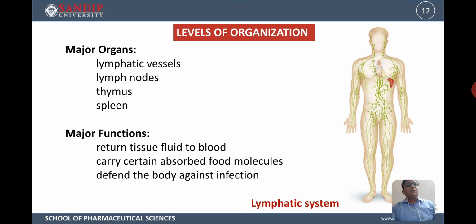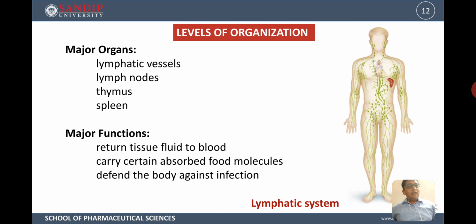Next we can discuss the lymphatic system. Lymphatic system, major organs: lymphatic vessels, lymph nodes, thymus, and the spleen. The main function is to return the tissue fluid to the blood. What is the main function? Basically, the lymphatic system returns the tissue fluid to the blood.